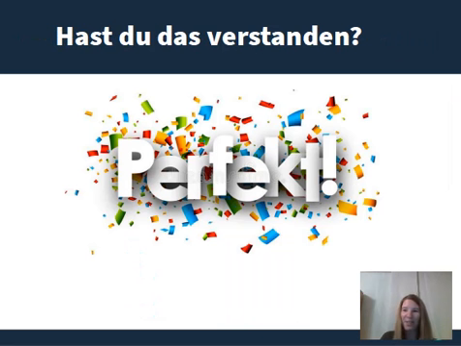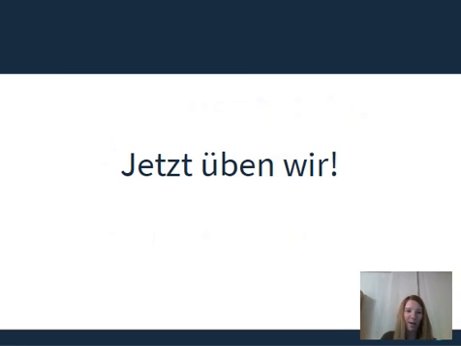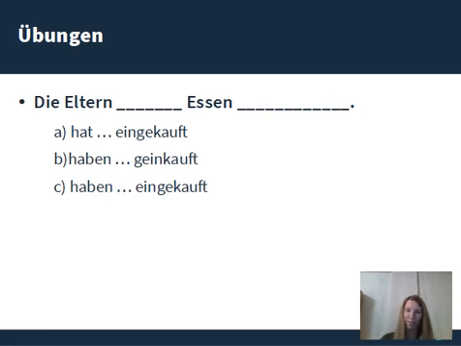Okay, hast du das verstanden? Did you understand all 4 different kinds of perfect now? I hope so, because we'll practice. Jetzt üben wir. Also, die Eltern A. hat Essen eingekauft. B. haben Essen geeinkauft.